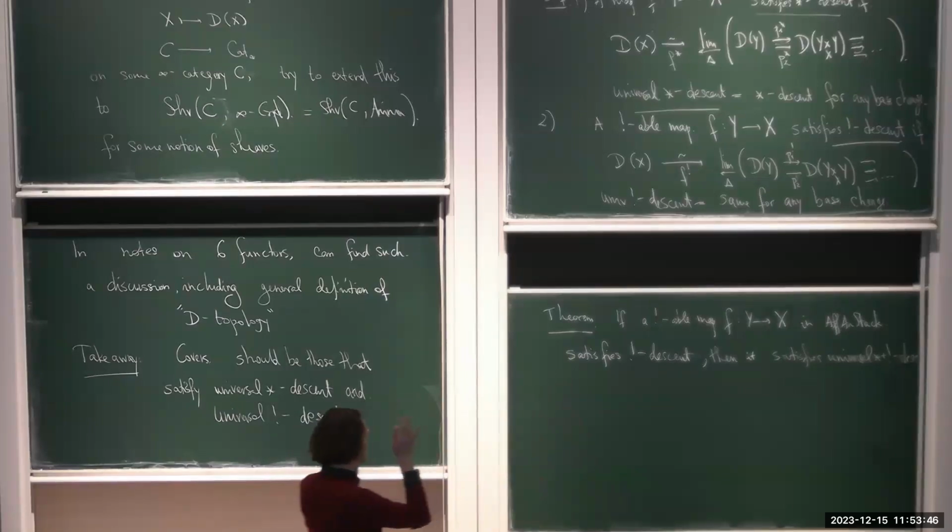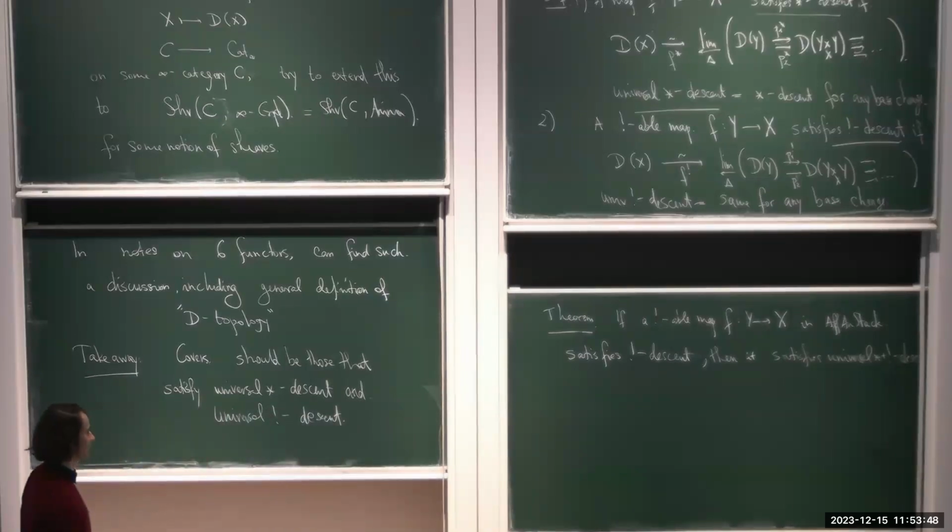In fact, it satisfies something even stronger. It satisfies two-descent. Usually we have a ring and think about the category of modules, but now we can go one category level higher and think about presentable stable infinity categories linear over D(A).